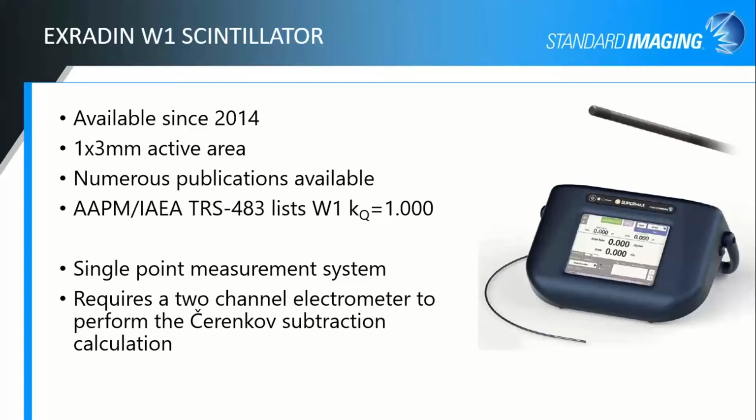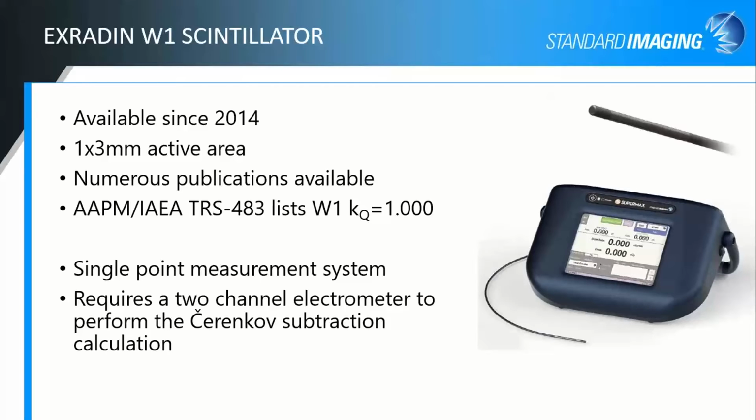So the fiber and the photodiodes essentially are one unit, and out of that we've split it into blue and green channels, but you need a 2-channel electrometer in order to read those 2 channels separately, perform the Cherenkov subtraction properly, and give you the proper result.